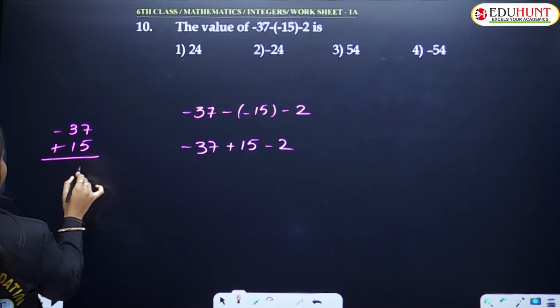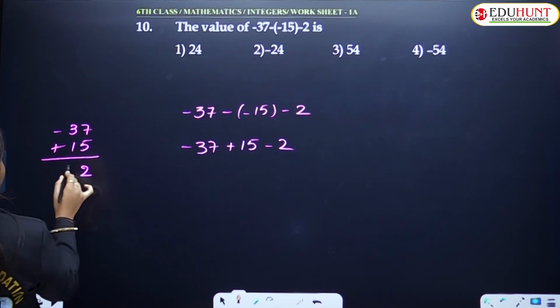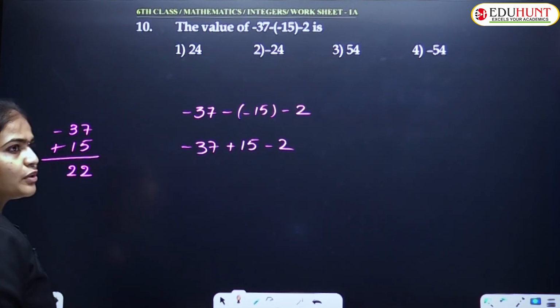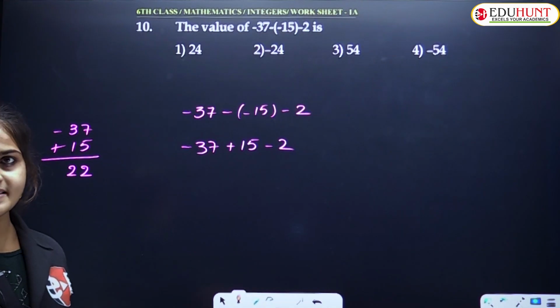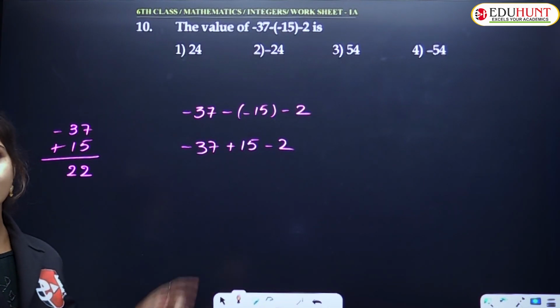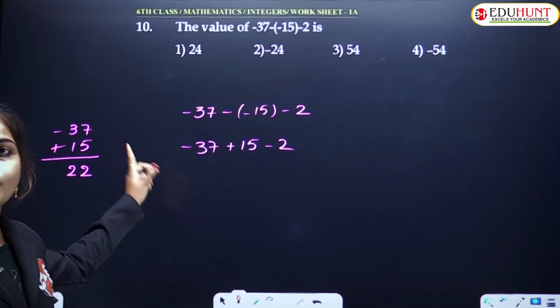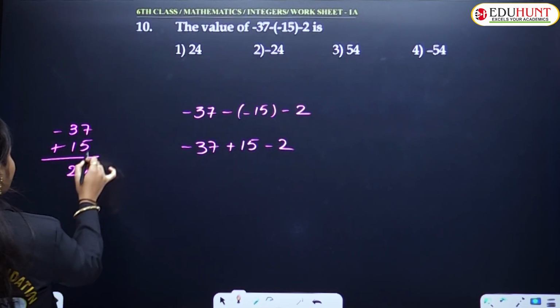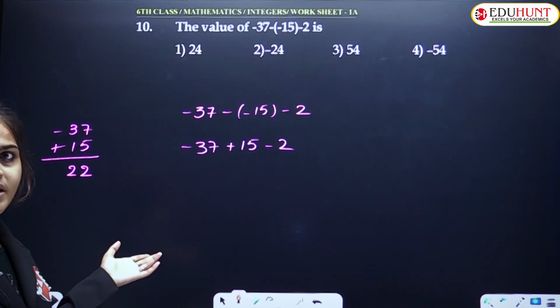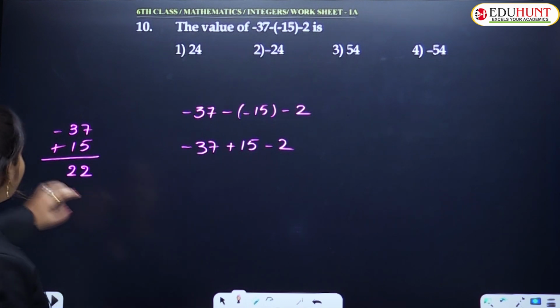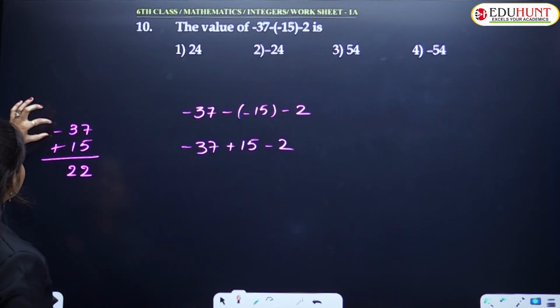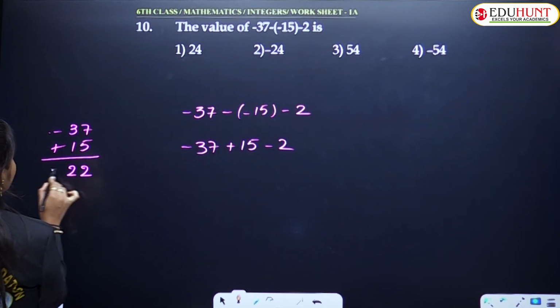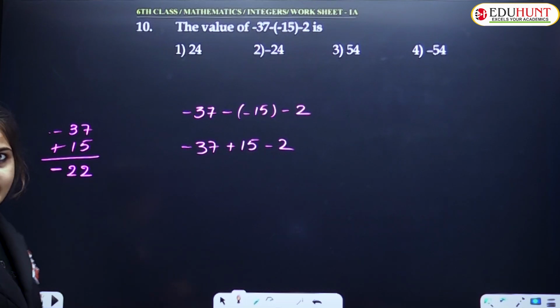So 7 minus 5 is 2, 3 minus 1 is 2. What symbol do we have to keep here? The sign of the resultant depends on the sign of the greatest number. While observing 37 and 15, what is the greatest number? 37 only. That 37 has which sign? Negative sign. So minus 22 is the answer.